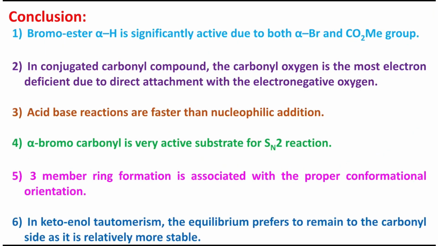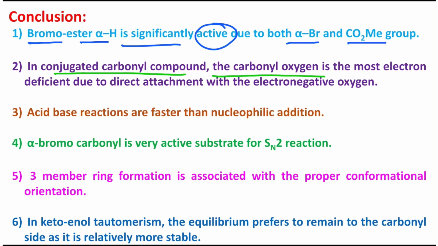Now in conclusion, what you have learned today: the bromoester's alpha hydrogen is significantly active or acidic due to the minus I effect of bromine and the minus I and minus R effects of the CO2Me. In conjugation with the conjugated carbonyl compound, the carbonyl carbon is most electron deficient because it's directly attached to the electronegative oxygen atom.